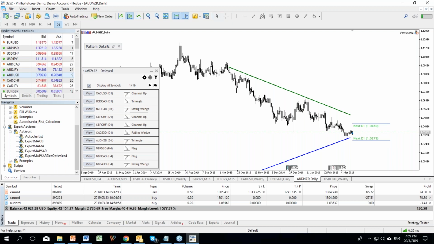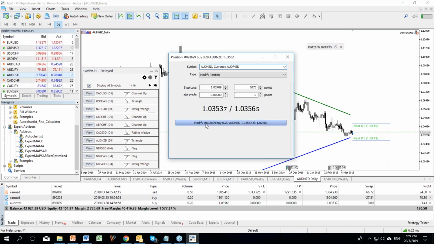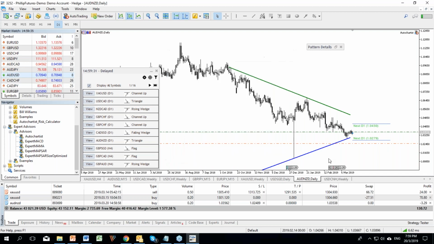So what I would do is click and drag at the area in which I've placed my trade, release it, select modify and OK. Immediately you can see that my stop loss level has been set. Just like this, I've entered the trade and set my stop loss level, and all of this is based upon the Autochartist pattern that was identified.